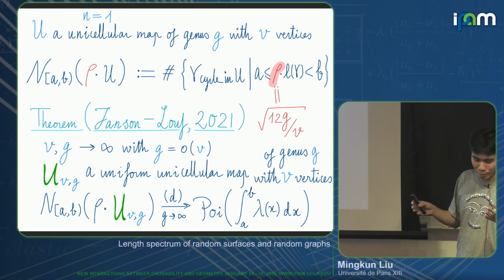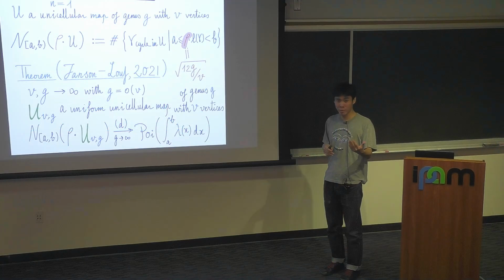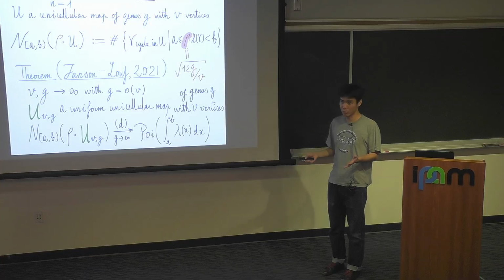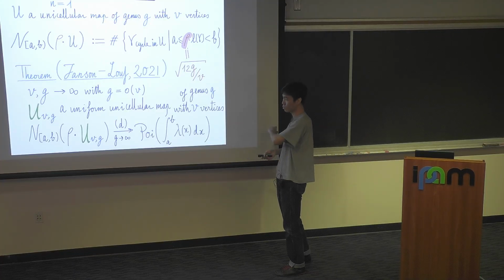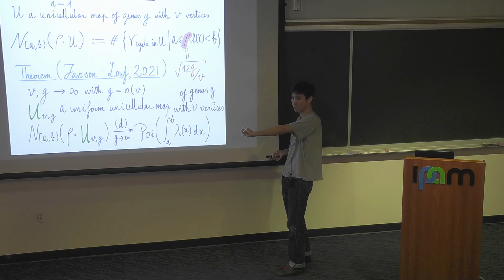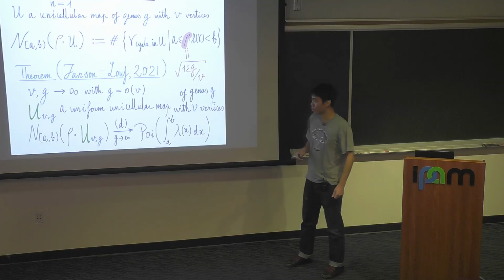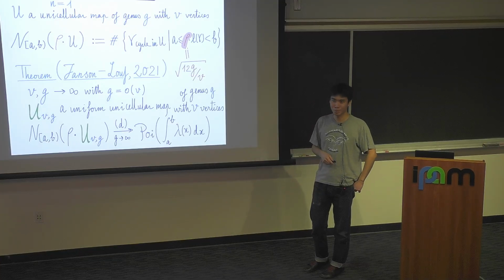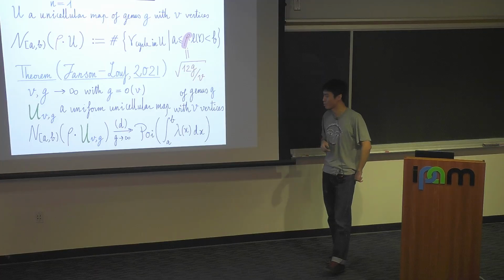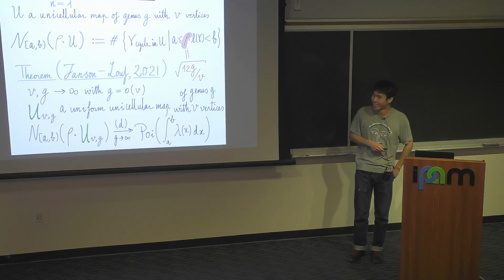And so I think the best thing we can expect is that maybe there might exist some kind of dictionary. So once we have this dictionary, if you manage to prove something about the graphs, then you can translate this to a result about hyperbolic surfaces, which are normally much harder. But I think I'm still very, very far from this dictionary, and I don't even know what kind of conjectures to propose, which is at the same time reasonable and interesting.